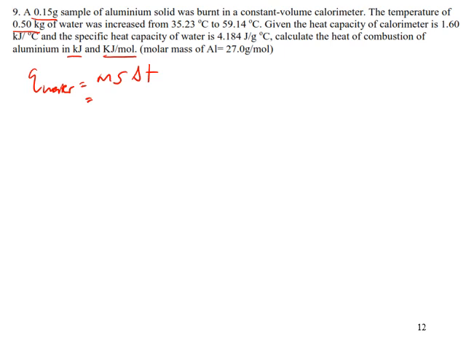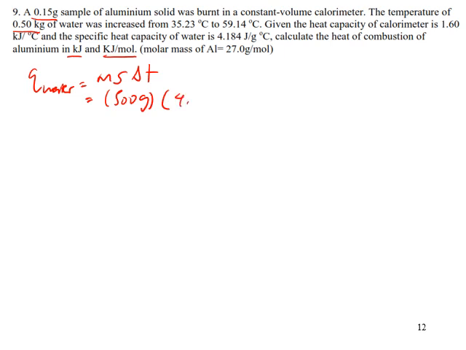One is 0.15, one is 0.50. So which one should we use? Since we are calculating Q water, the m will of course be the mass of the water. So we are using 0.5 kilogram. But you cannot use kilogram, so we have to convert. So we get 500 grams.